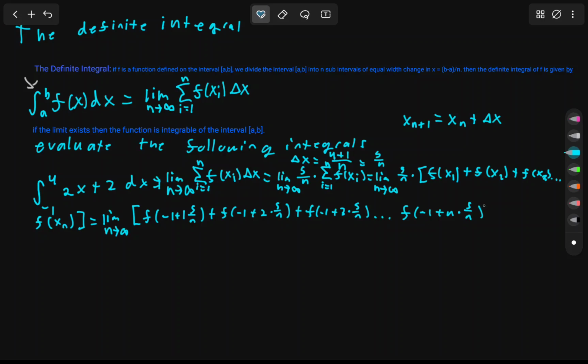Alrighty. Now what do we do? Now we can just evaluate the function at these points, and then hopefully you'll be able to use some of our summation formulas to evaluate this.